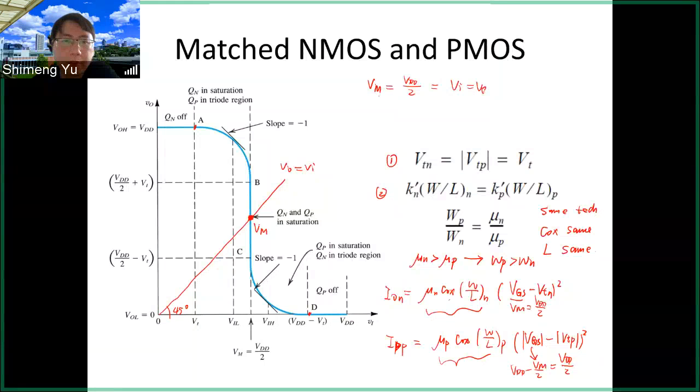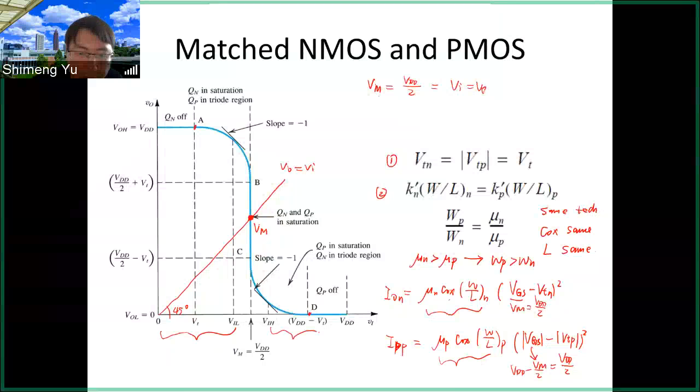So why do we care about the matched condition? Because in the matched condition, the circuit will be symmetric in terms of those metrics. For example, if you think about the matched condition for the noise margin, then the noise margin low and noise margin high will be exactly the same, right? Because they are with respect to the Vm point.